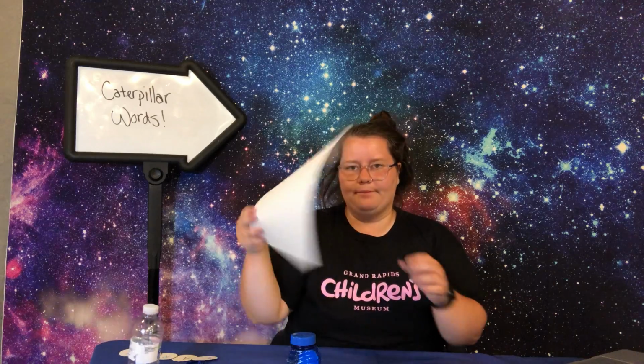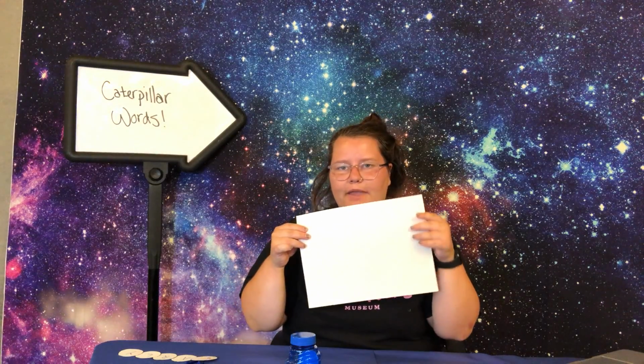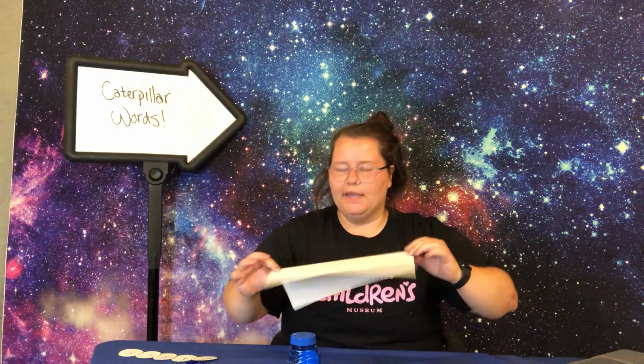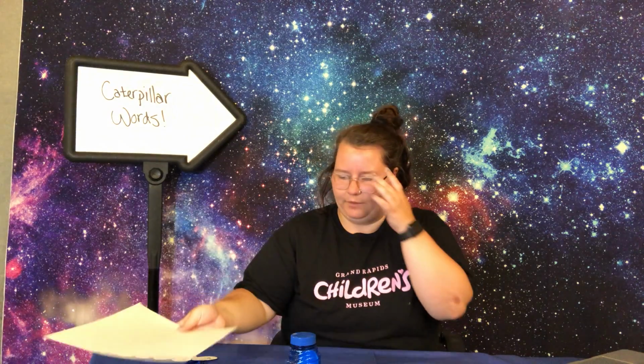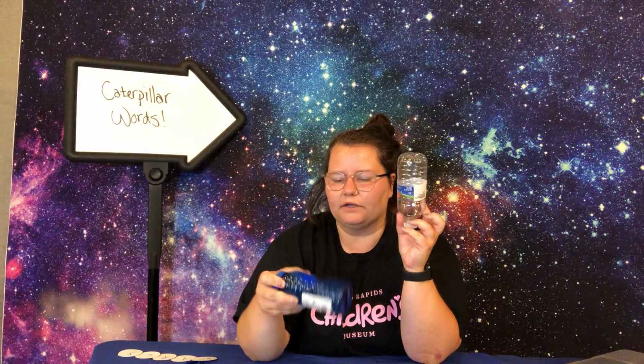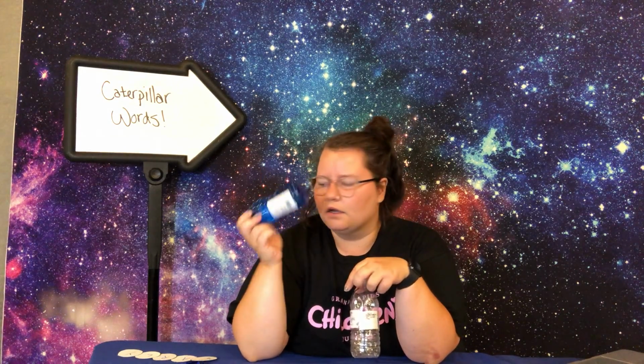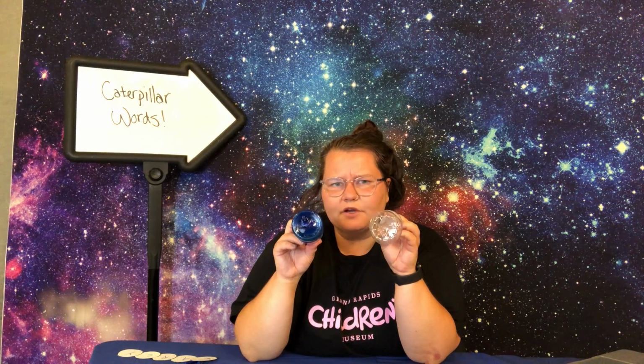What you're gonna need today for this activity is some paper. I've got plain white paper, but any color will do. It might be kind of fun to have some colorful paper, but I have white. You'll also need something with a round bottom. So I've got a water bottle here, and I also have a bottle of bubbles. Different sizes work great.